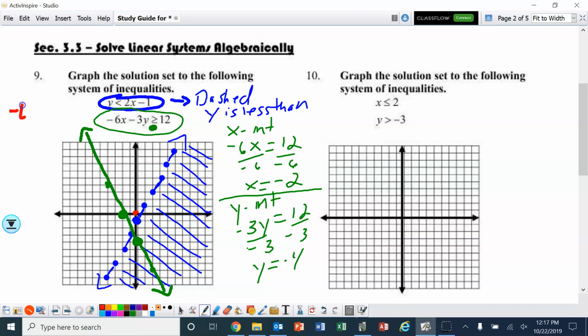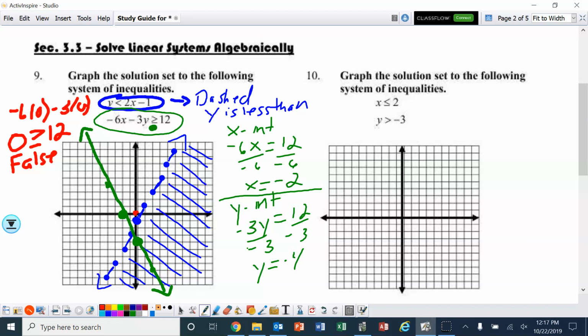So -6 times 0 minus 3 times 0. Okay, sorry, I'm running out of room here. Okay, that all becomes 0. And is 0 greater than or equal to 12? Well, that would be false. And because 0, 0 is false, I will shade the other side.